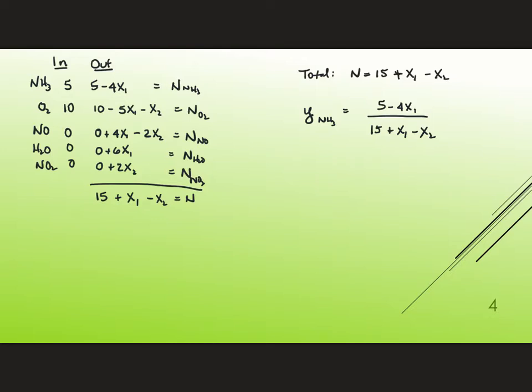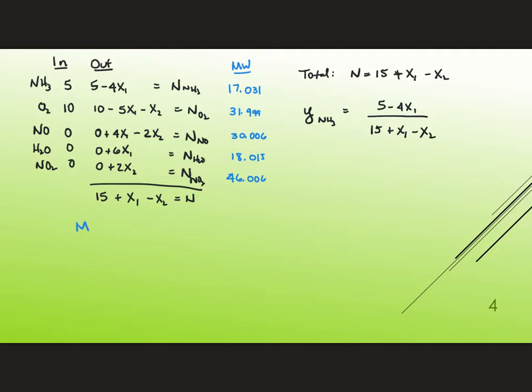Now, what about the mass balance? To write a mass balance, I need to know the molecular weights of these species. So for the molecular weight of NH3, we can look these up. And so we have this information.